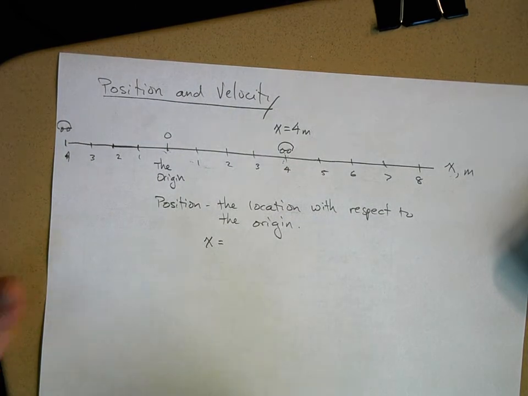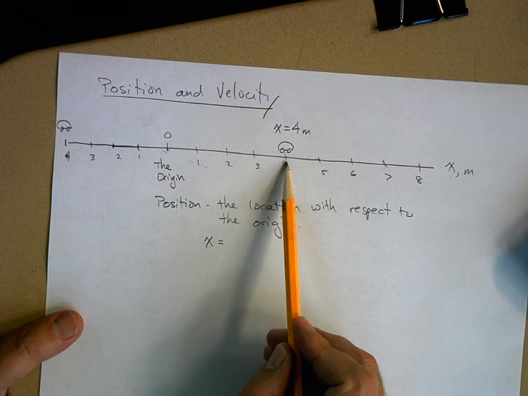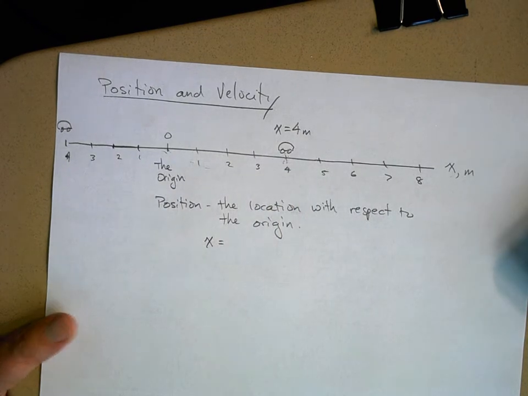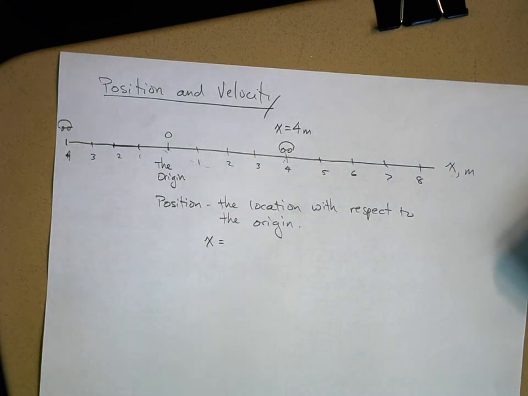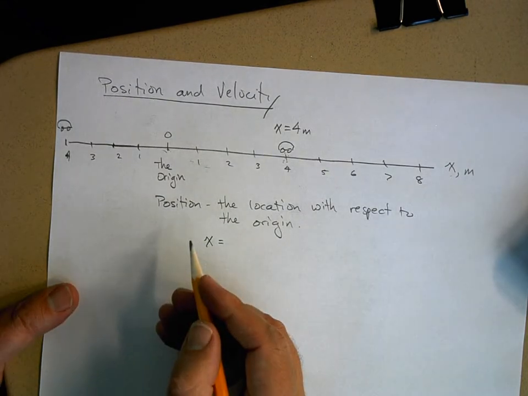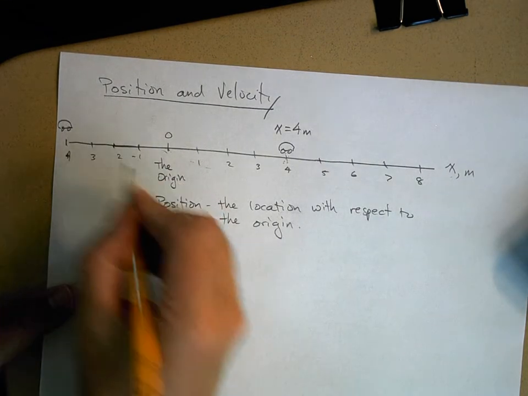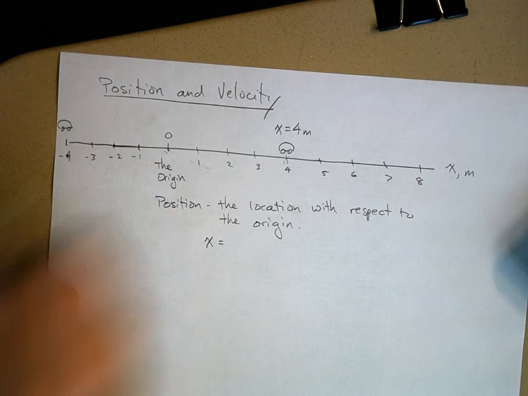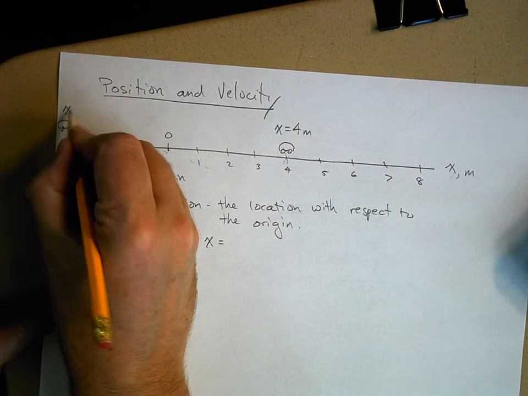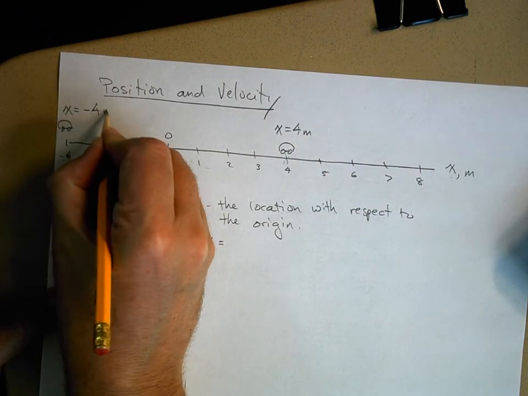So if I said the little toy car is 4 meters on the x-axis from the origin, that's not good enough, because the car could be on this side of the origin or on the other side. How do we distinguish between which side of the origin it is? Well, we use negatives. And so over here we say x equals negative 4 meters.